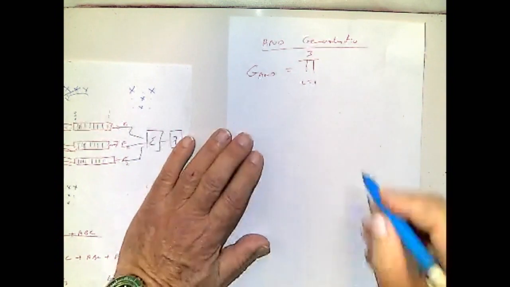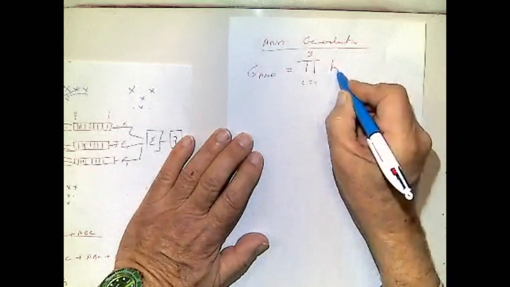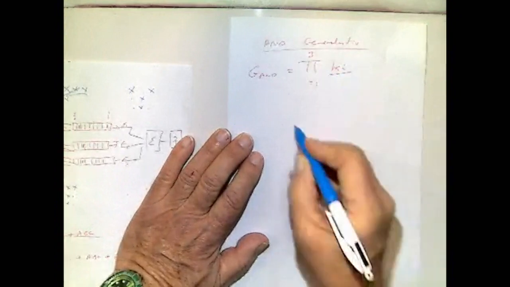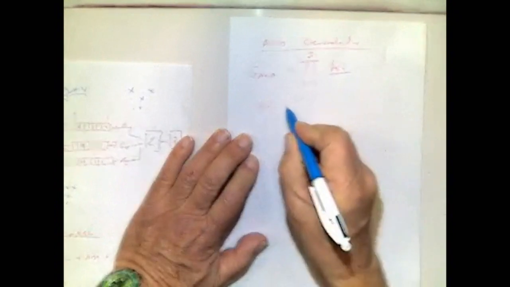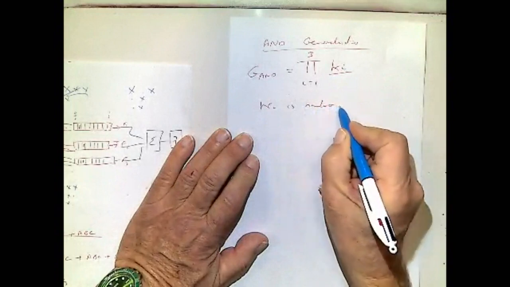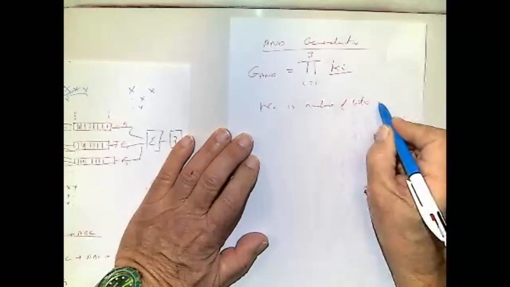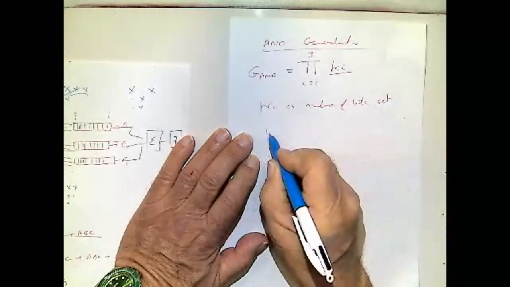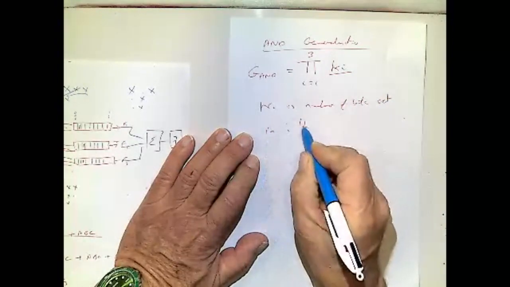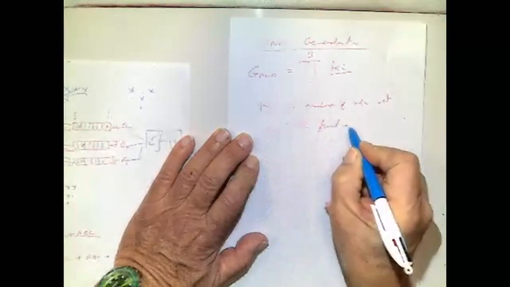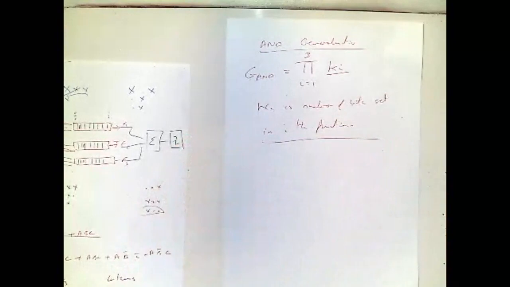And the product series is a product of Ki, and Ki is the number of bits set in the ith function. And of course, that's a simple way of counting up the bits in the memory.